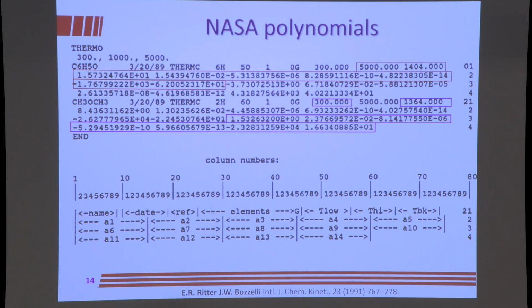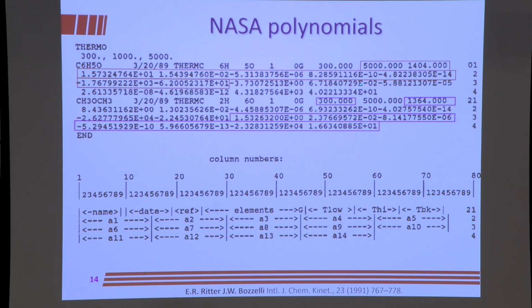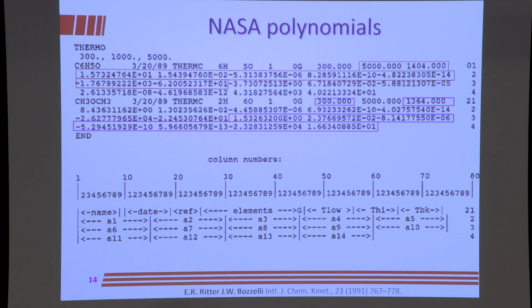And then with these other ones, 1, 2, 3, 4, 5, 6, 7, again, they're A1 to A7, but they're in the low temperature end. So you can calculate accurately Cp, H, and S from 300 to 1404 Kelvin. And then using all 14, you can accurately calculate it from 300 to 5000.